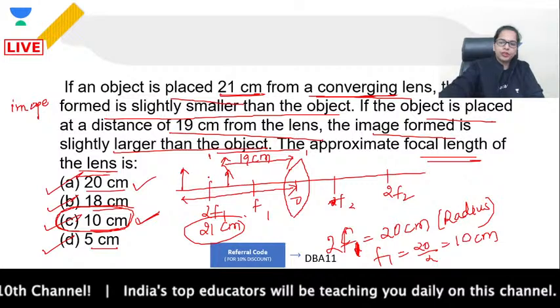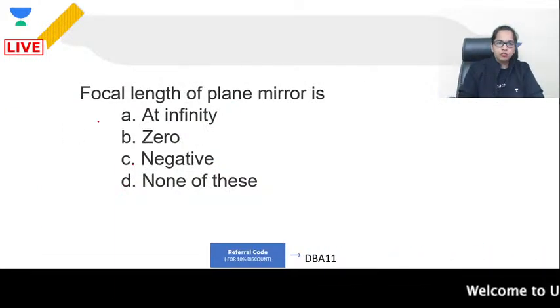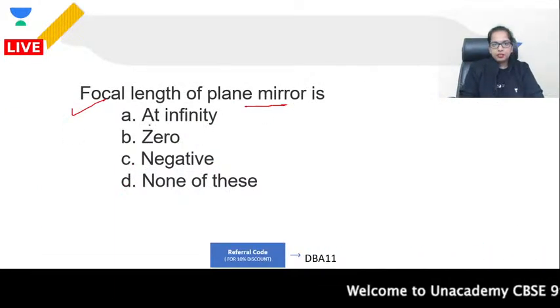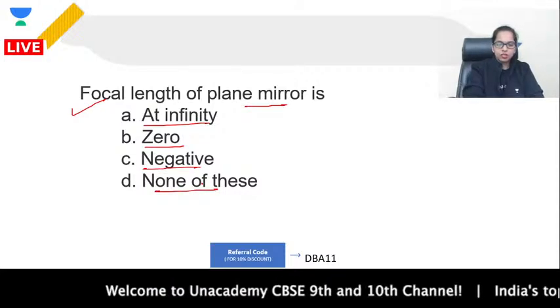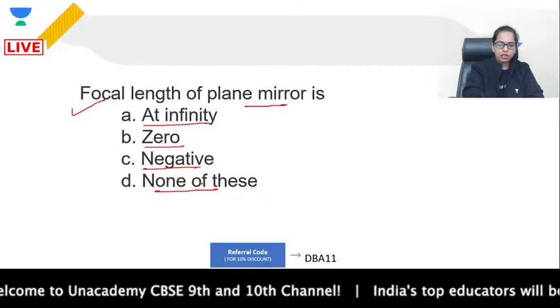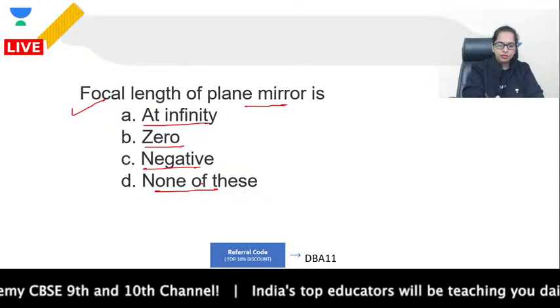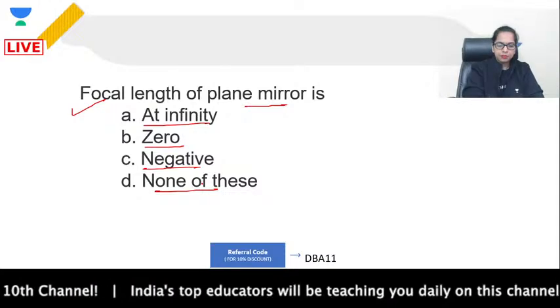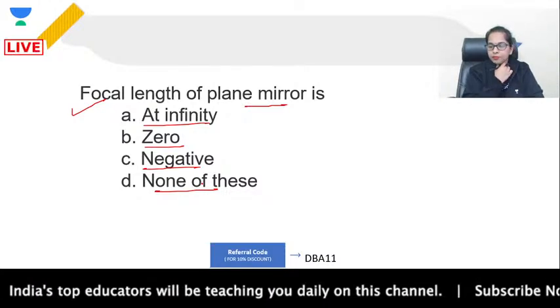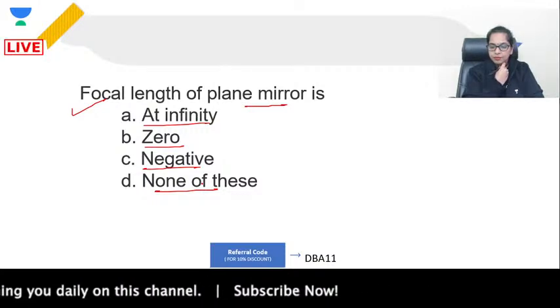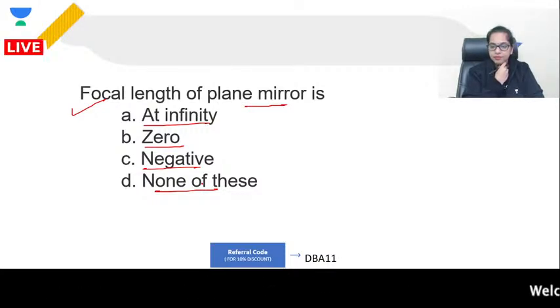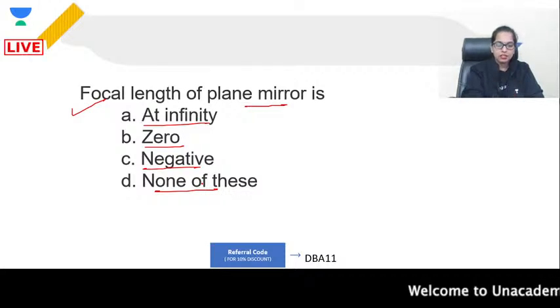ठीक है. चलो, now let's move to the next question. Focal length of a plane mirror is at infinity, 0, negative or none of these. चलो जल्दी से बताओ, ये तो आसान क्वेश्चन है. All are knowing about it. I know. हाँ, where it is?